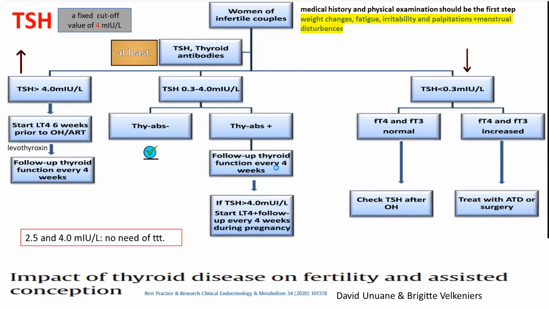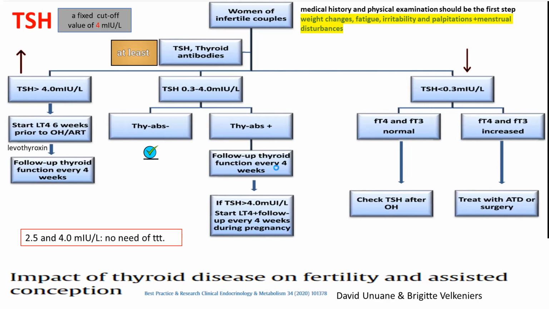But if the TSH is less than 0.3 milli-international unit per liter, this means that the patient may have hyperthyroidism, and you have to request at that time T3 and T4. If they are normal, check TSH after ovulation induction. And if the T3 and T4 are increased, so this is a case of hyperthyroidism, and you have to treat these patients or do surgery if required.